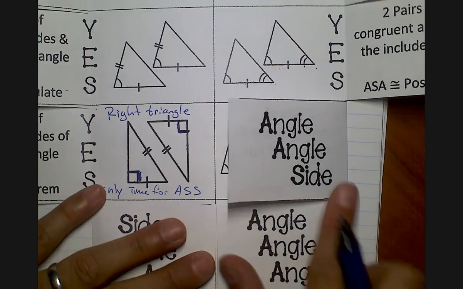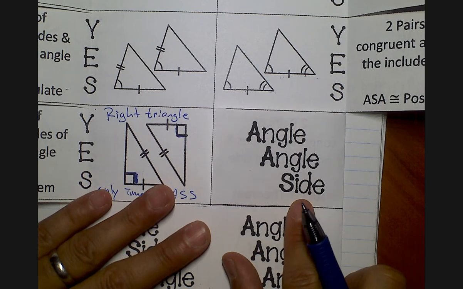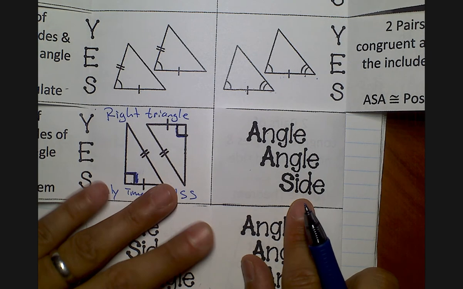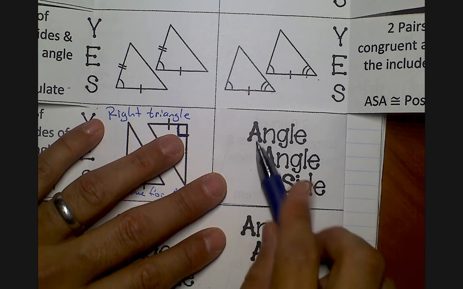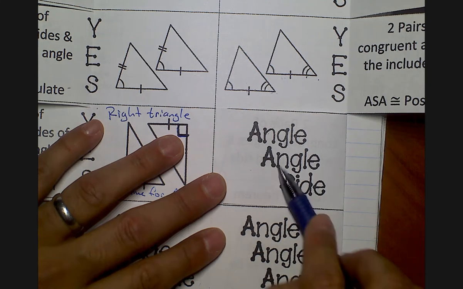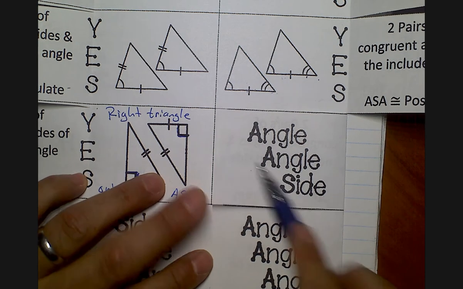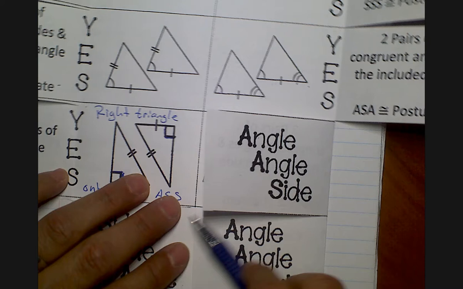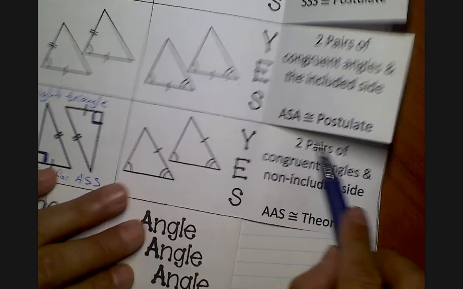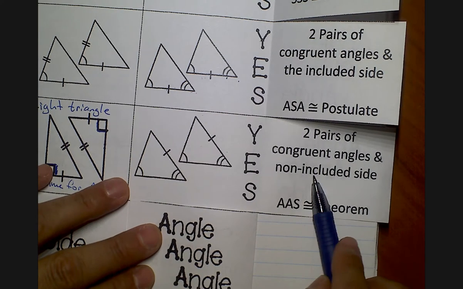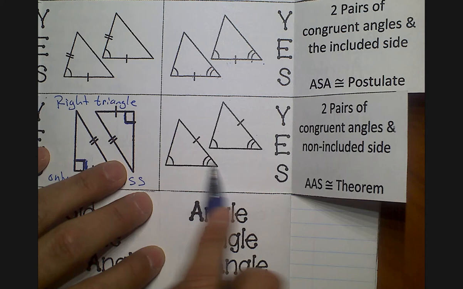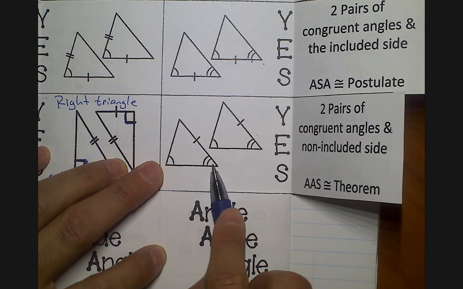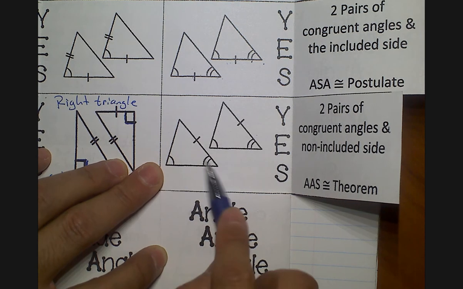So let's take a look at the next one. The next one over here is angle, angle, side. So if I'm paying attention, if it's angle, angle, side, that means I have 2 angles, right? And then I have a side. So let's see. It says 2 pairs of congruent angles and a non-included side. So that means that's 2 angles and a side that is not between them.